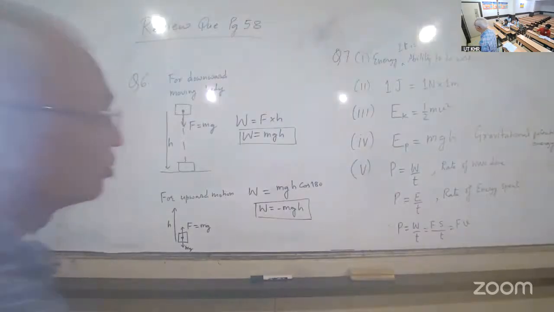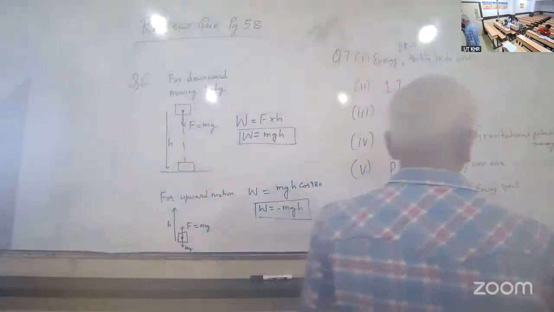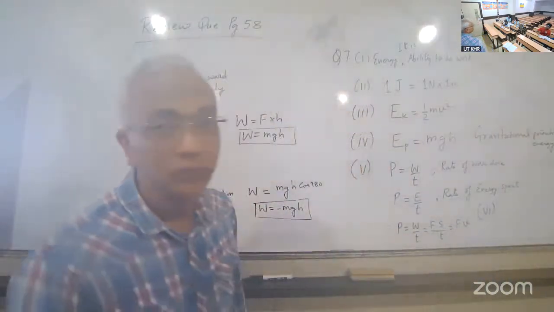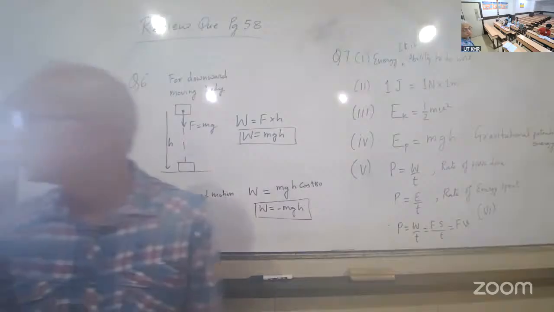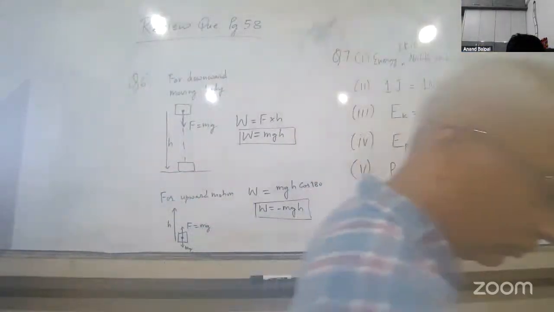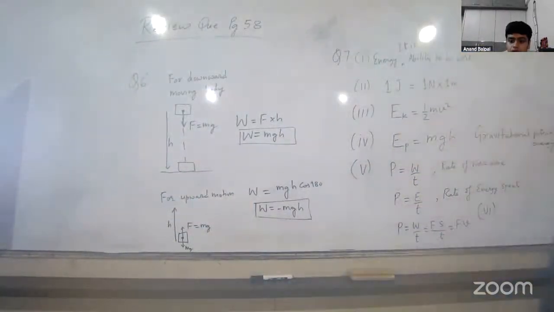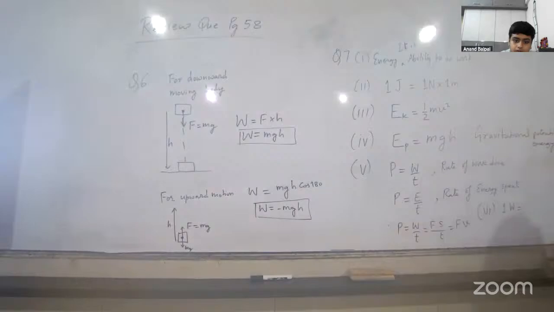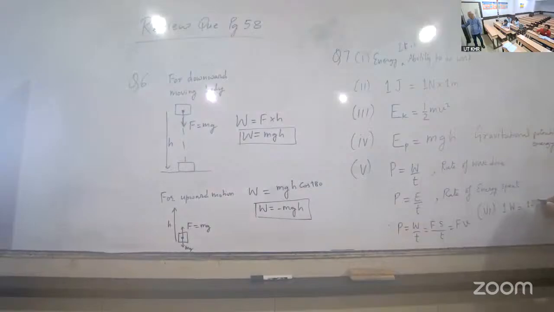Okay, Anand, you only take question 6. What is the unit of power? Watt. So 1 watt, what is it? 1 joule, sorry. When you say unit, write the unit of every quantity.